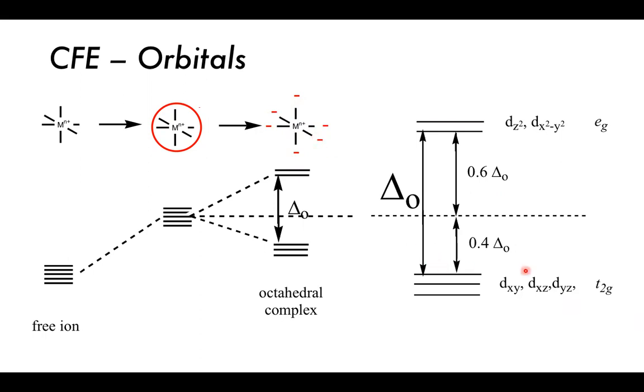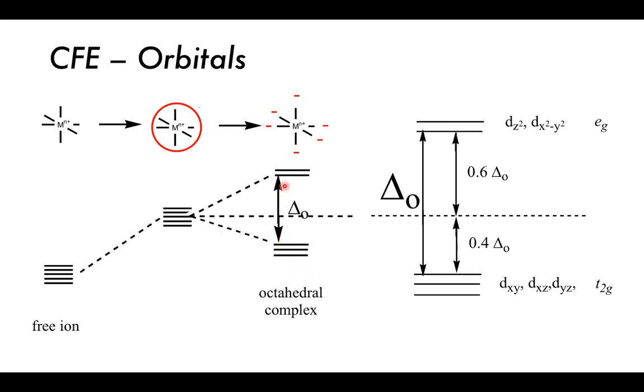Whereas the other three, at least in an octahedral complex, experience sort of glancing repulsion. So the repulsion is not direct, which means that ultimately we have a little bit of a reduction in the repulsion effect, which means that those end up being slightly stabilized compared to this sphere of negative charge.